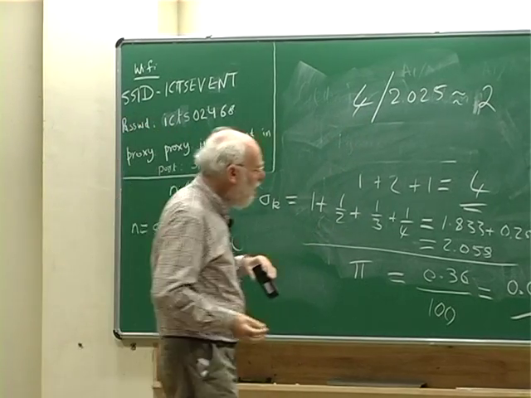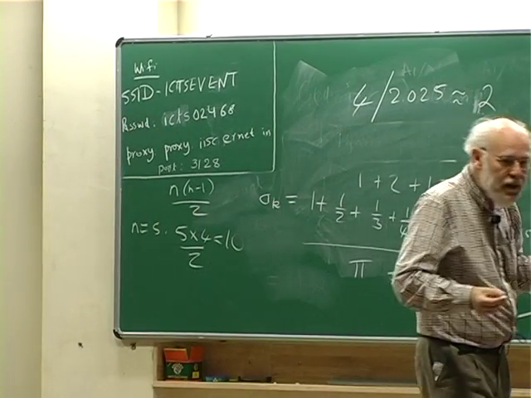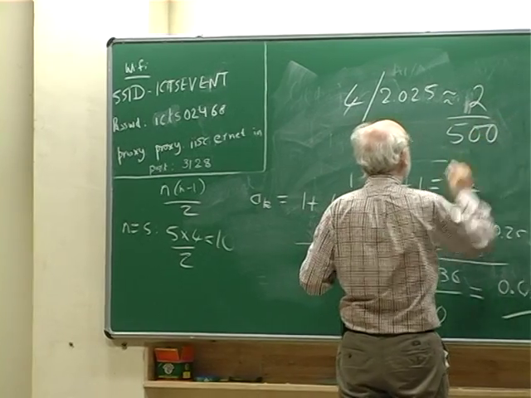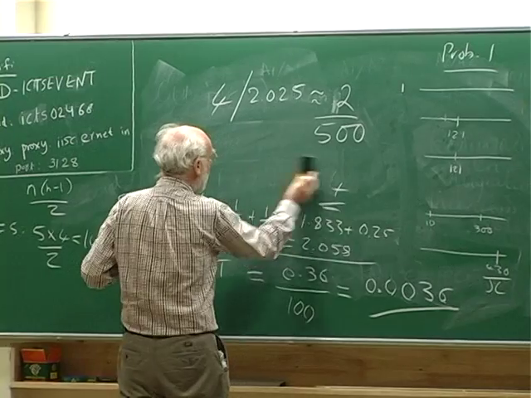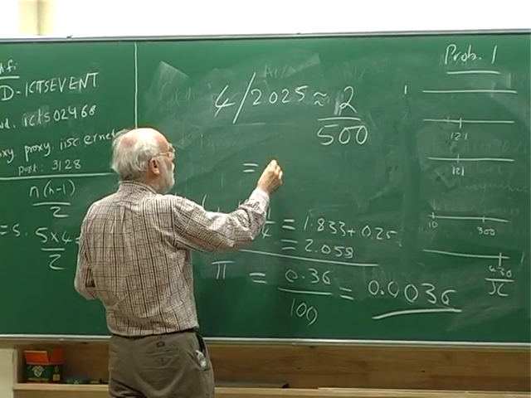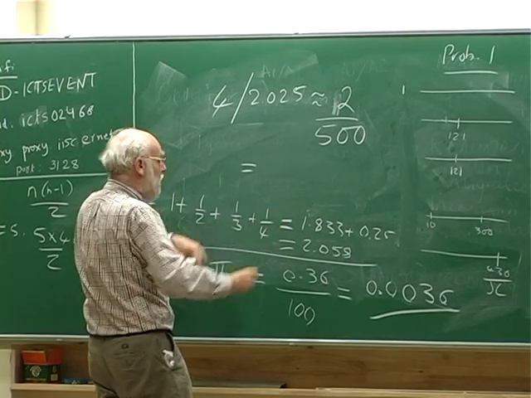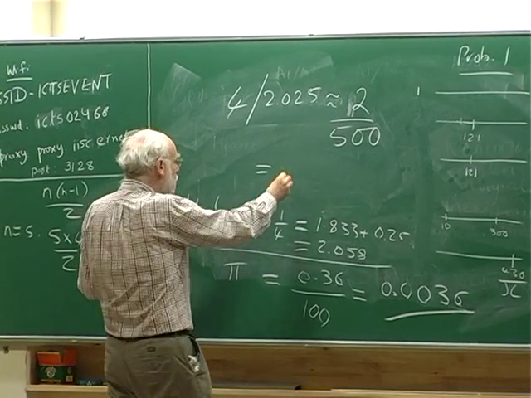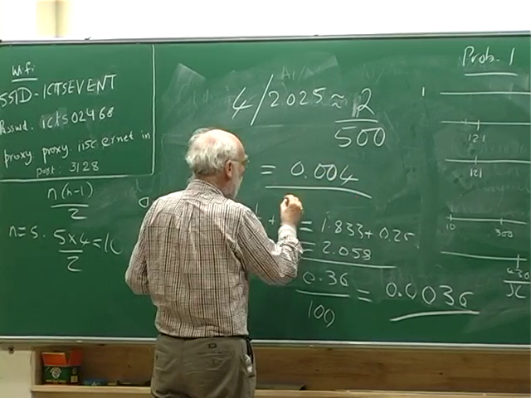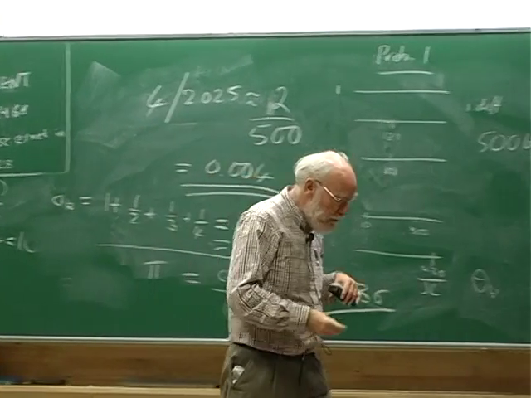So what next? What do we do next? Then we have to still normalize by 500. So it's 2 divided by 500, and that is equal to, excuse me, 0.004, if I haven't got things hopelessly wrong here.